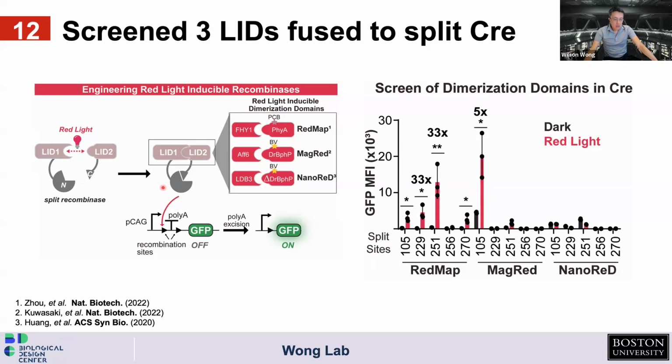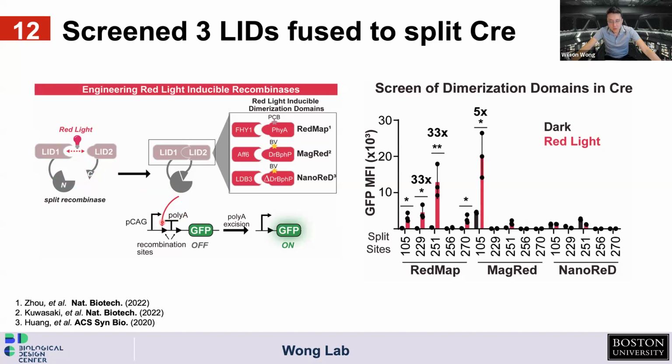The thing that we like to do a lot when we make these inducible recombinases is to split the recombinase into two pieces, an N-terminal piece and a C-terminal piece, and then fuse them to what we call light inducible dimerization domains. What that means is that they will only come together with light, and at the same time it drags these two pieces of the same enzyme together, and then it will reconstitute activity.